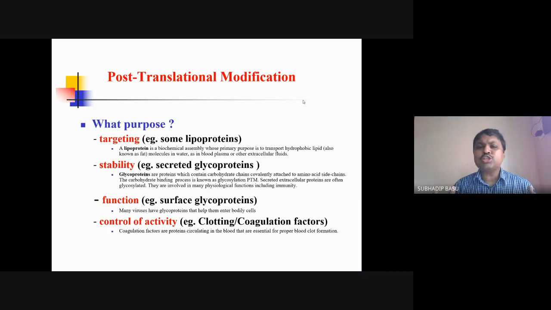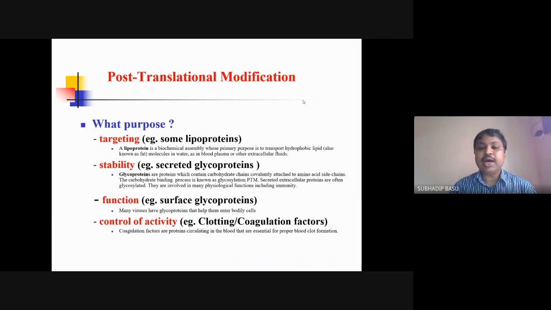Post-translational modifications are also useful in the case of stability. Different biological processes enforce stability through different types of post-translational modification. For example, secreted glycoproteins. What do we mean by glycoproteins? Glycoproteins are proteins which contain carbohydrate chains covalently attached to amino acid side chains.